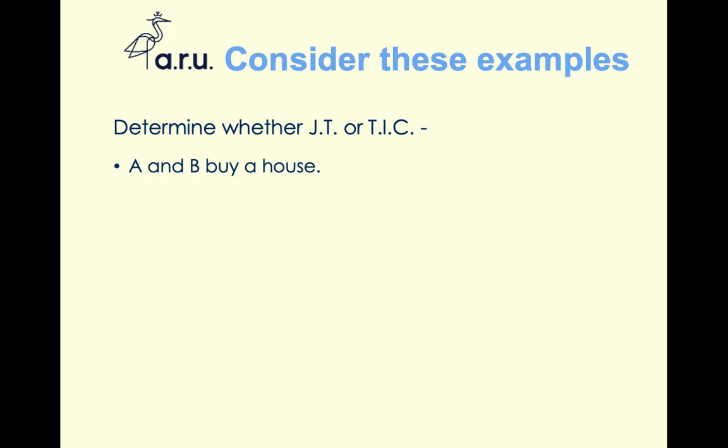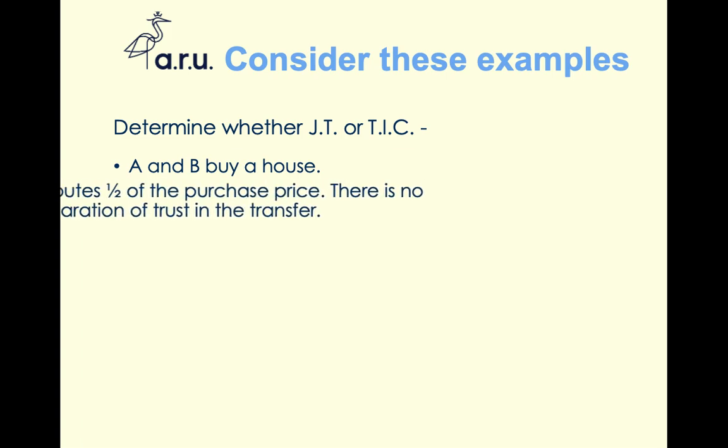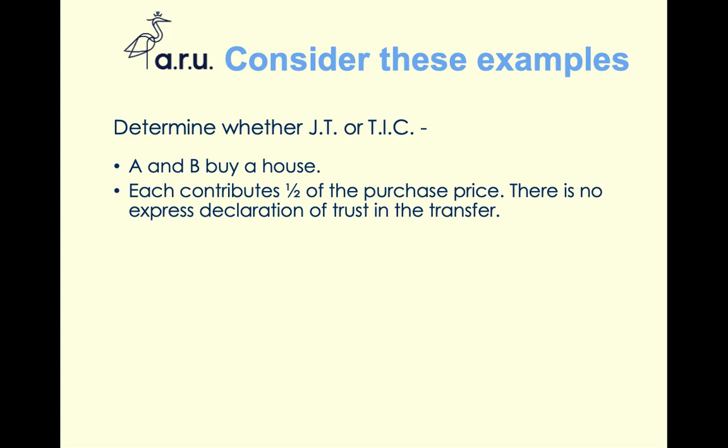They would be two parties in a collective buying a house. Each contributes a half of the purchase price, and there's no express declaration of a trust in the transfer. That means that the parties have not stated whether they want to be joint tenants or tenants in common in equity, but there's equality of contribution.